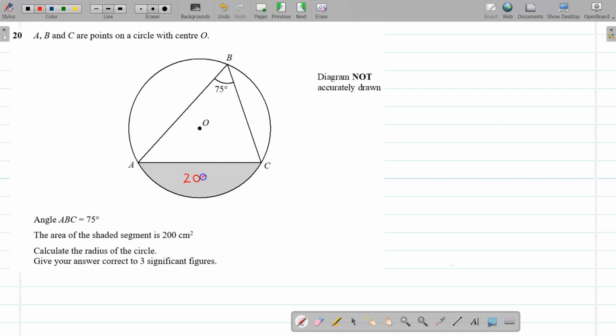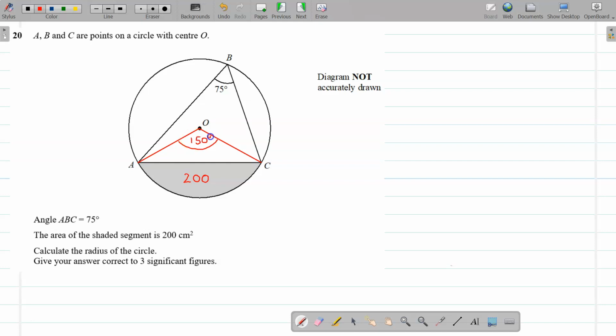Well, what you do, hopefully, is spot one of the circle theorems straight away, and that to there creates an angle, and that angle is twice the angle on the circumference. So if that's 75, this is 150 degrees.